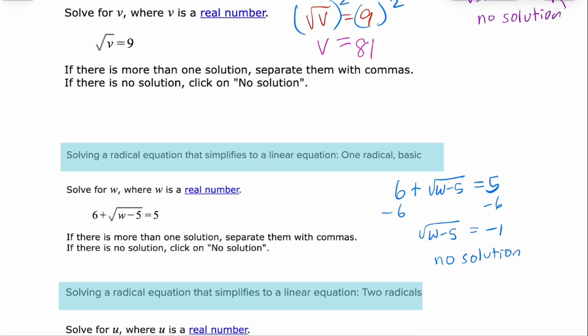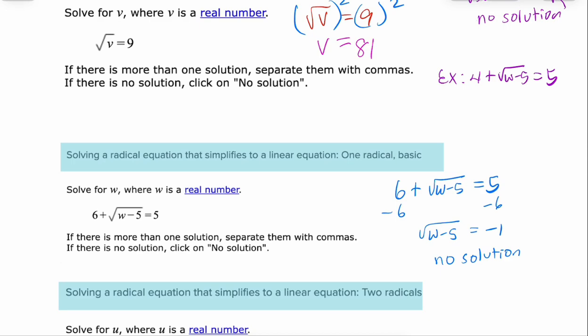Okay, but I want to do one where there is a solution, okay? So to do one that is a solution, let's rewrite this, and let's assume for a moment that the example was 4 plus the square root of w minus 5 equals 5. So what if it wasn't a 6, but what if it's a 4 instead?